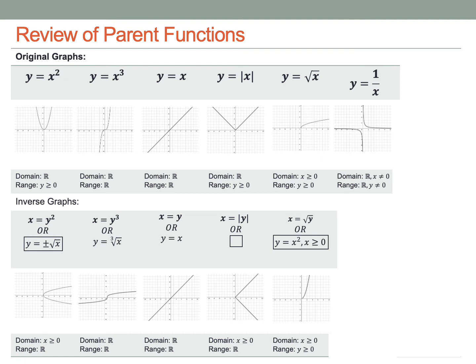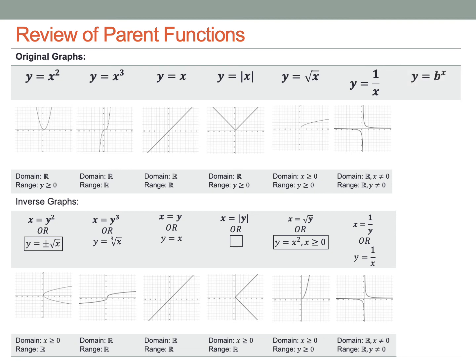And if you flip x and y, you get x equals 1 over y. It turns out if you solve for y, you get the same. So the inverse of this parent hyperbola is actually the same graph. And the domain and range is the same.